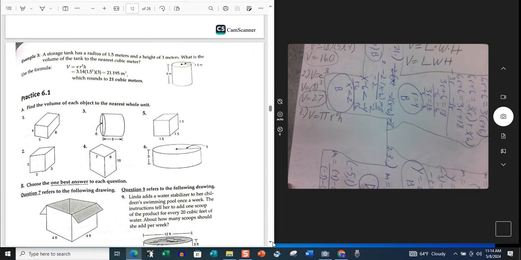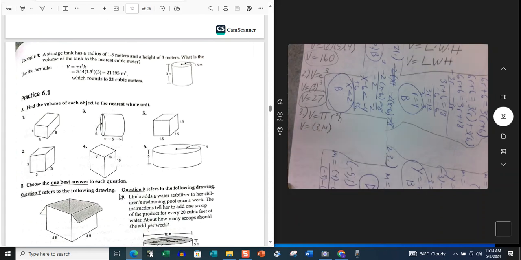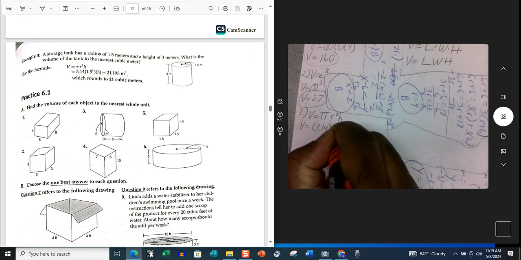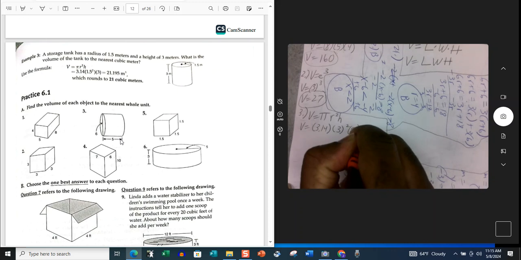Now, we know pi, we're rounding to 3.14. The radius, if you look here at number 3, this is the diameter. Remember, the radius is talking about a circular figure, and this 6 here is the diameter, so we have to take half of that. So the radius would be 3. And then the height would be this 5, even though it's laying on its side.